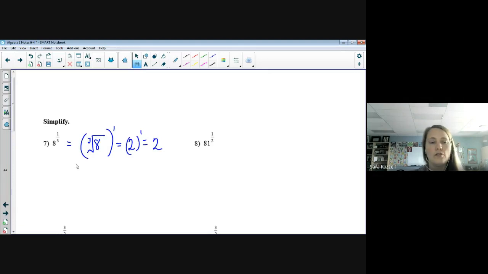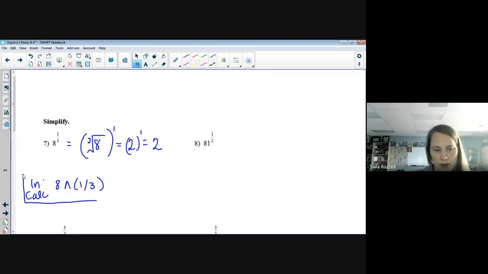Right. You guys can always check these that have numerical values in your calculator. All you do is type in 8 raised to the 1/3 in the calculator, and it'll give you 2. Or you can use whatever method you have to get it into a power. You just put 1/3 in the power, it'll give you 2. So you can check those.